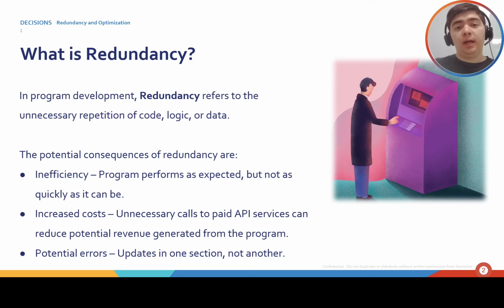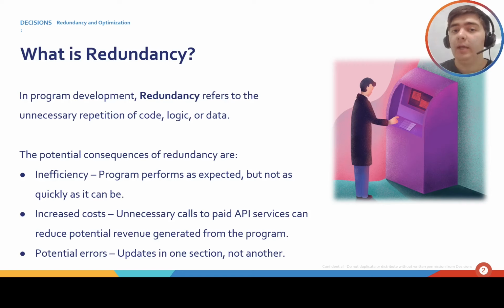When you are developing a program, redundancy refers to the unnecessary repetition of code, logic, or data. The potential consequences of this redundancy can be inefficiency. You could have a program that runs as expected, but not as quickly as expected. You could have increased costs. If you are saving more to the database than you need to, you're paying for that space.